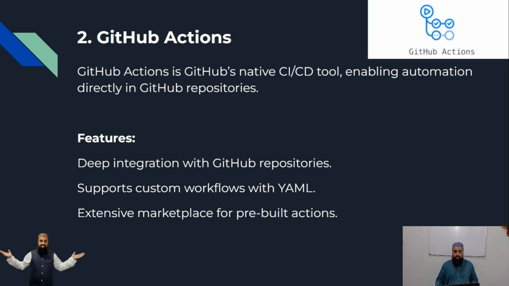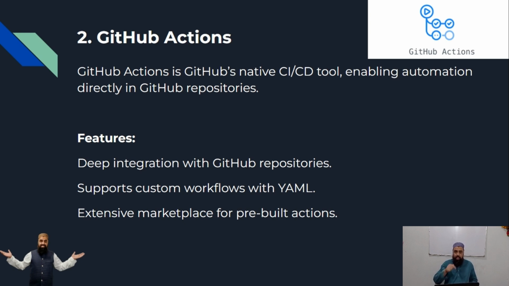Number two, GitHub Actions. It is GitHub's native CI/CD tool enabling automation directly in GitHub repositories. You have your code on GitHub, you create the repository, you write the code and push that code to the repository.